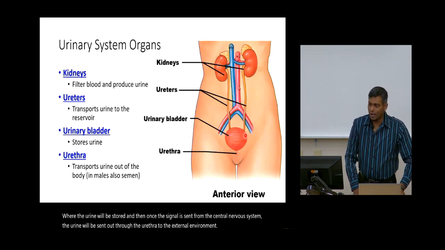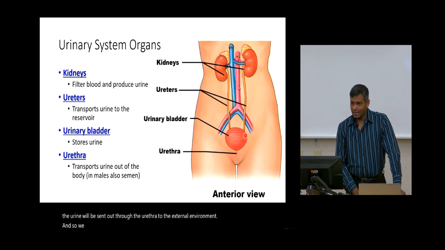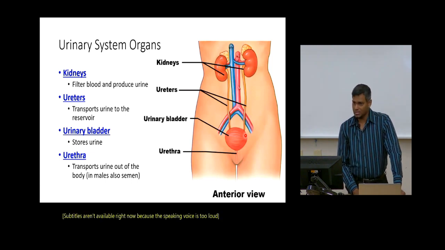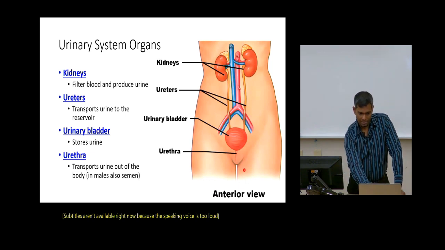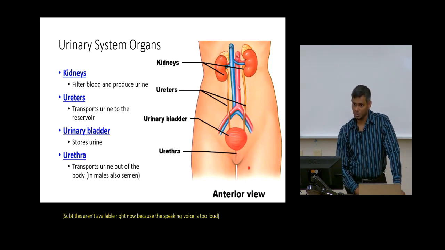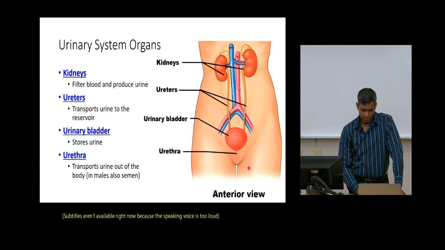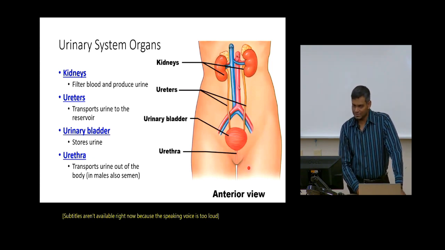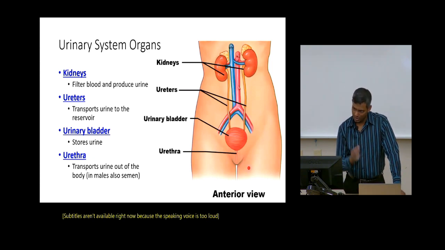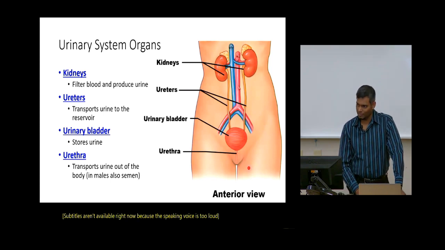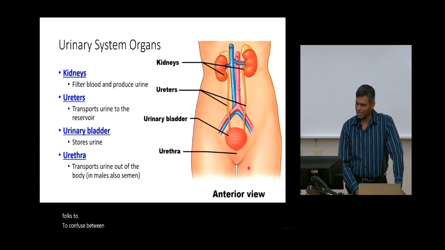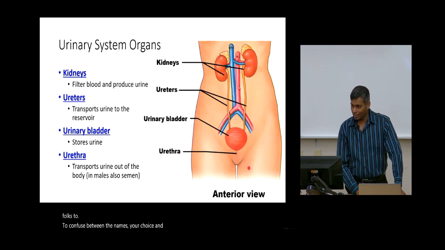And so we find that in males and in females, the urethra will be used to transport out urine, but in males, semen can also be transported out through the urethra. So I find that it's very easy for folks to confuse between the names ureters and urethra, and to forget what their functions are.